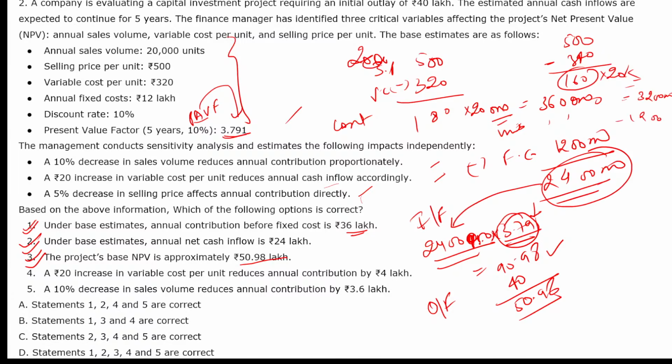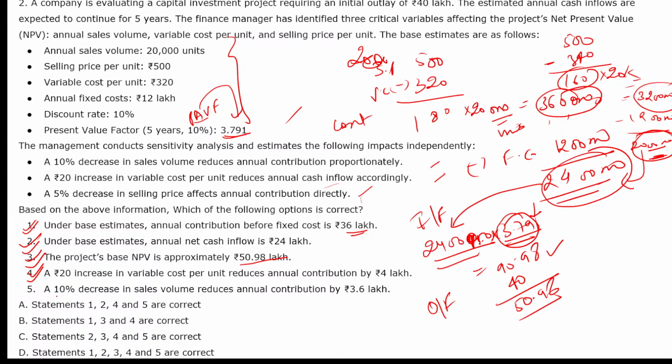Minus 12 lakhs is your fixed cost, so 20 lakhs. So 4 lakhs reduction is there, correct? The contribution is also decreased by 4 lakhs, and net annual is also decreased by 4 lakhs.